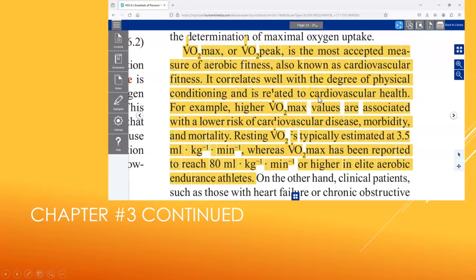And we use this again as a relationship to show our clients, look, when you have a higher VO2 max, we know that there are decreased risks of many different comorbidities. And that negative correlation is super helpful in being able to sell people on the concept of exercise.